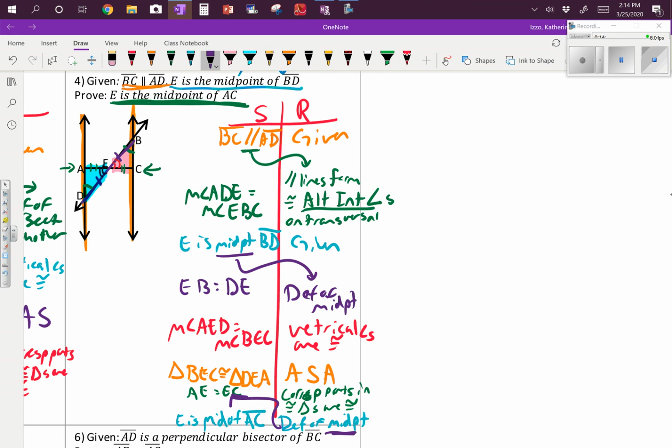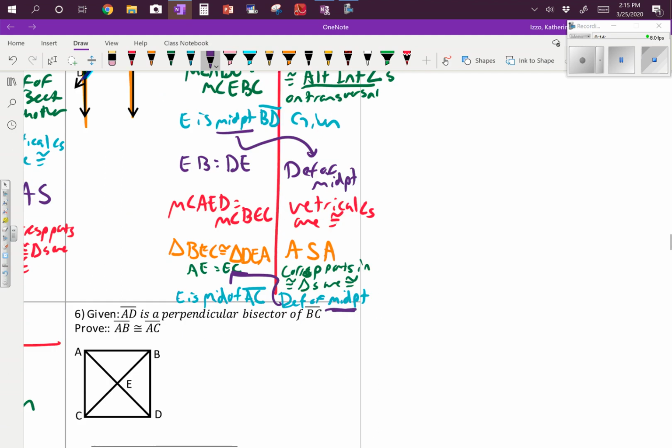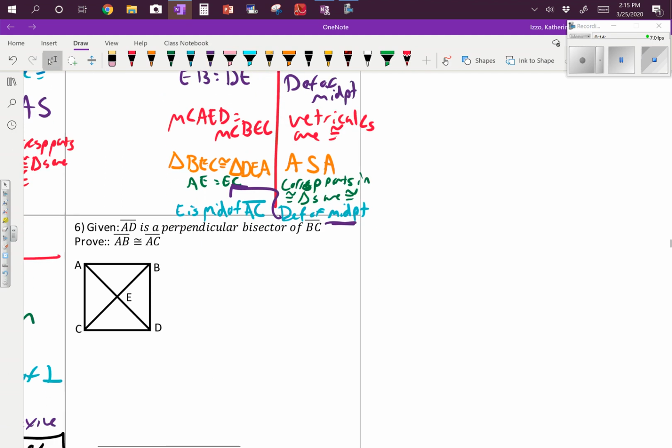That's what's weird about number 4. That's why I like number 4. Because midpoint goes up afterwards. Most of the time we won't be dealing with prove that it's a midpoint, but I want to show you what happens if we get something like that. Most of the time it will just be proving like two sides or two angles are congruent. Let's do, sure, number 6 sounds like fun.